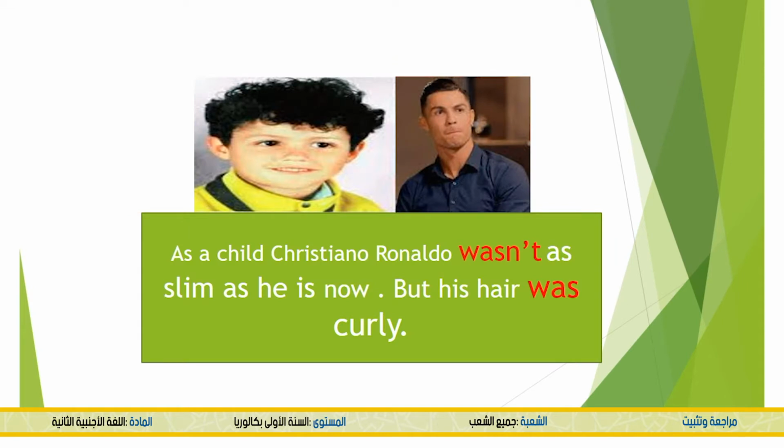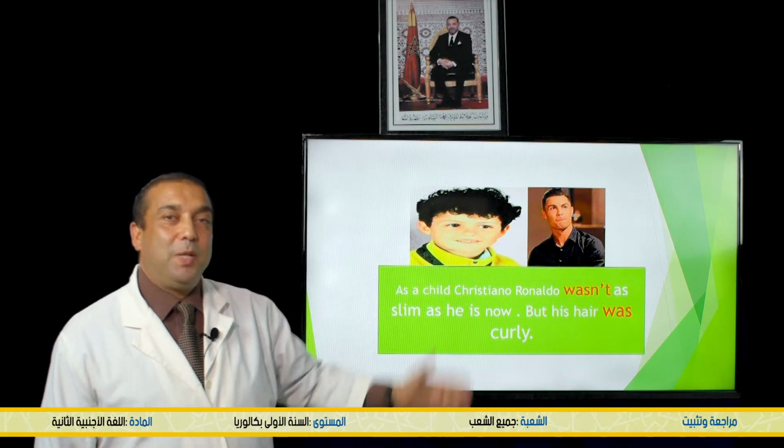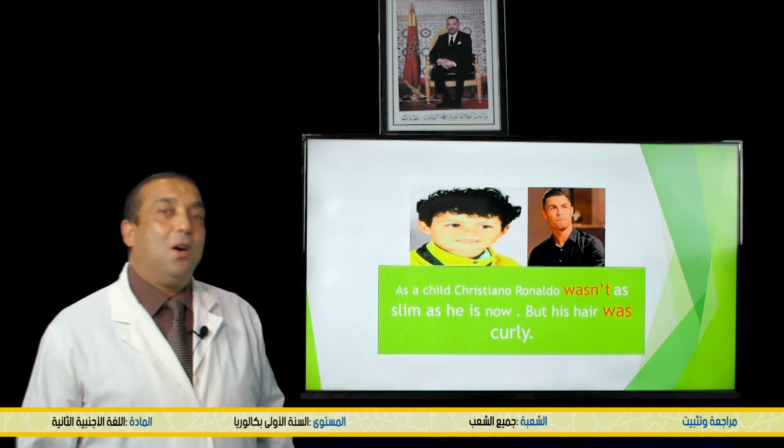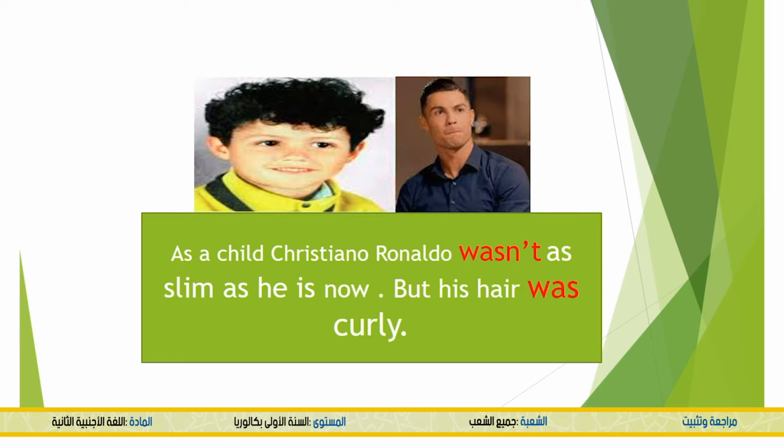Now, yes, this is Ronaldo, Cristiano Ronaldo. Who is the kid? He is Cristiano Ronaldo, the child. Can we compare between the two pictures? All right. Look at Ronaldo, the child.